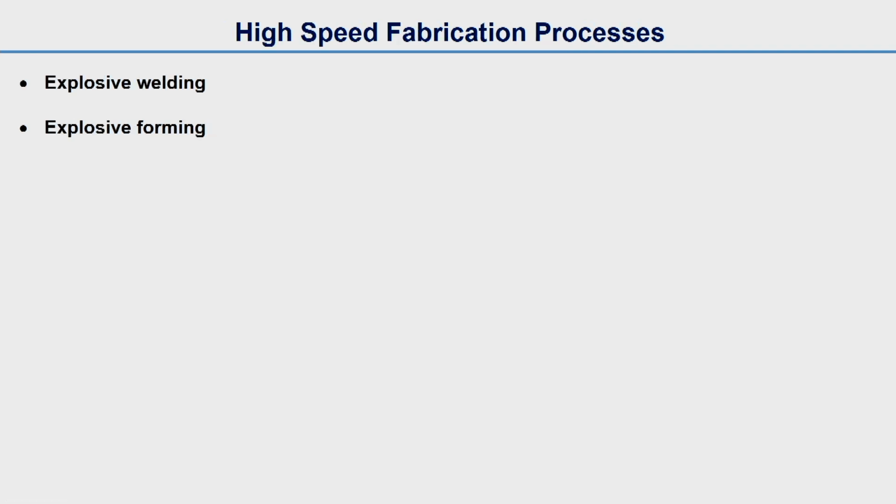So let us discuss manufacturing industry applications, high speed fabrication. We will discuss explosive welding and then explosive forming. Explosive welding is basically a solid state welding process where a base plate, which is, let's say, some carbon steel, can be joined with a cladding, a thinner plate, something like this.